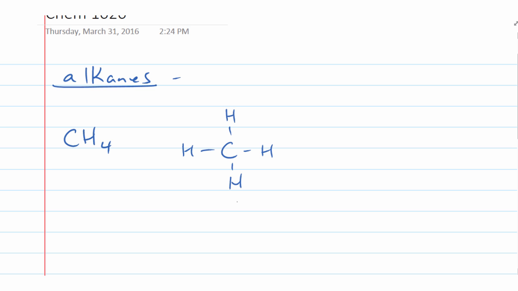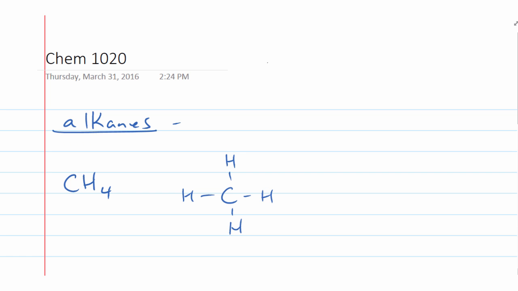As inorganic chemists, we'd call these Lewis diagrams, but an organic chemist refers to these as structural formulas. A structural formula just shows where all the atoms are located in the molecule. And the name of this one here is methane.